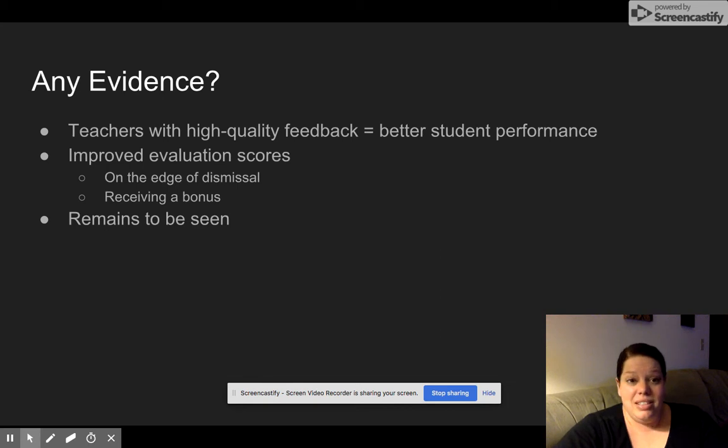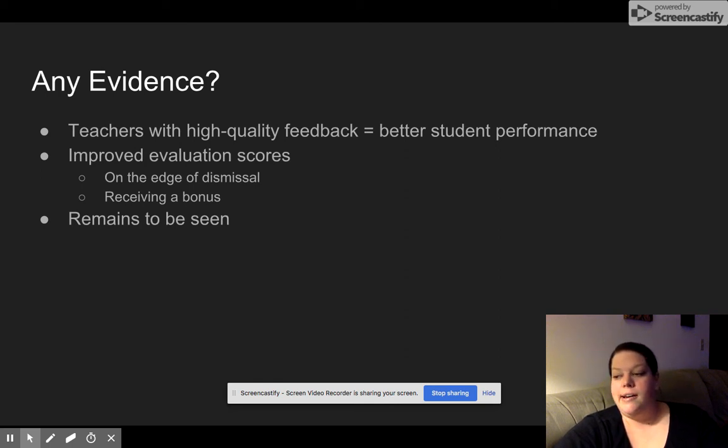Is there any evidence that these are useful? There have been some studies that show that teachers that have high quality feedback have better student performance. And then there's been some research that teachers have improved their evaluations from year to year if they're really on the edge of dismissal or if they're on the edge of receiving a bonus.